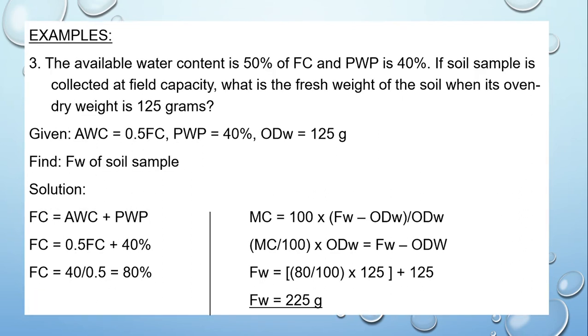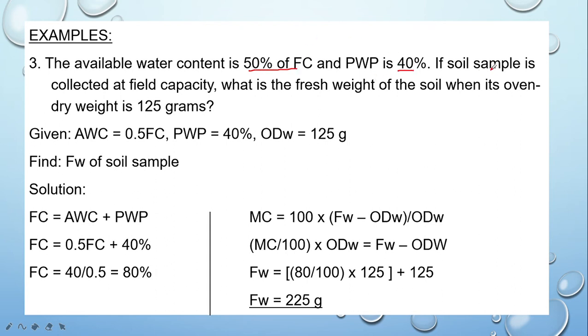Okay. So we have here a combination. So the available water content is 50% of FC and PWP is 40%.